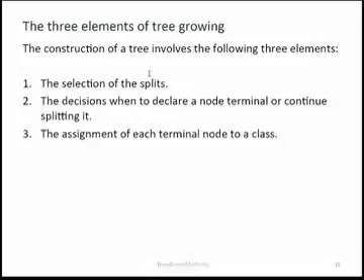Let's say I have an x1 and an x2, and I have different classes here. One thing you might say is that, well, I need to scan through x1 at all these different split points, and evaluate how pure the candidate left and right child nodes, TL and TR, are going to be.